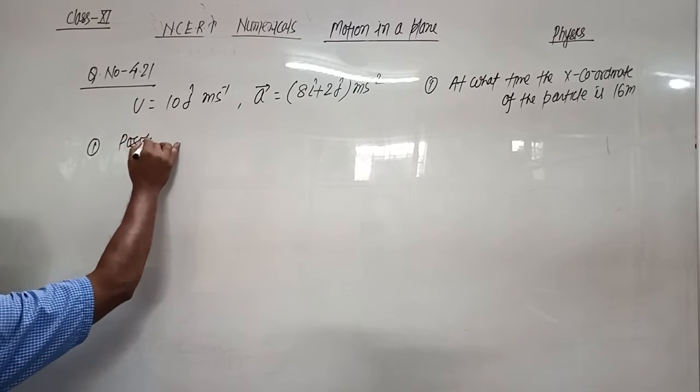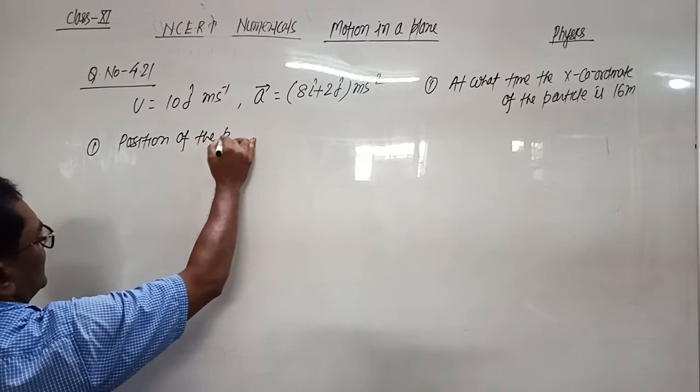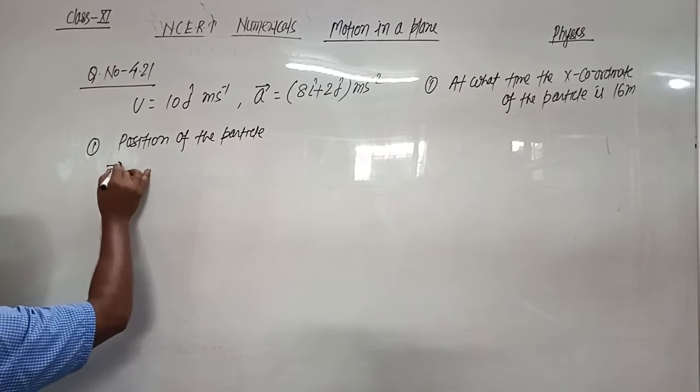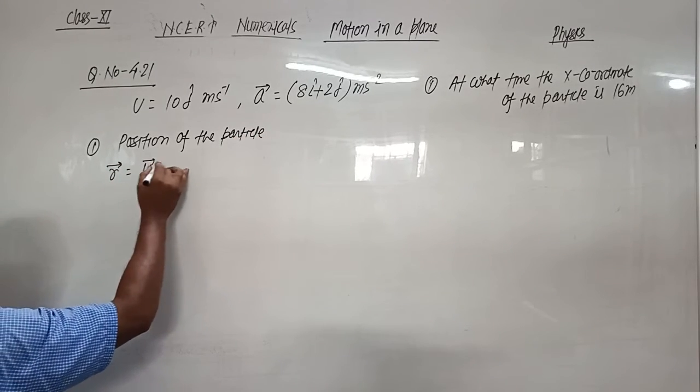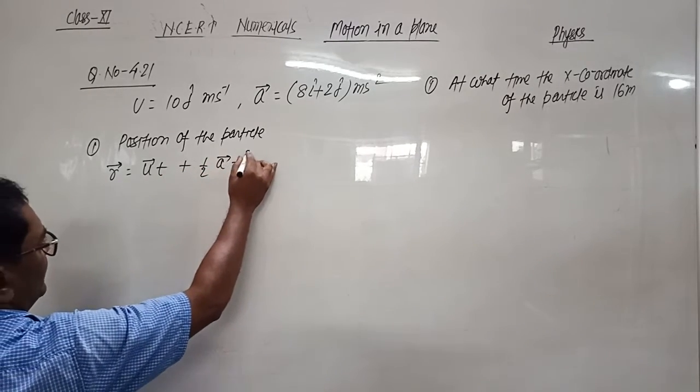To calculate the position of the particle, we use the formula r vector equals ut plus half at square.